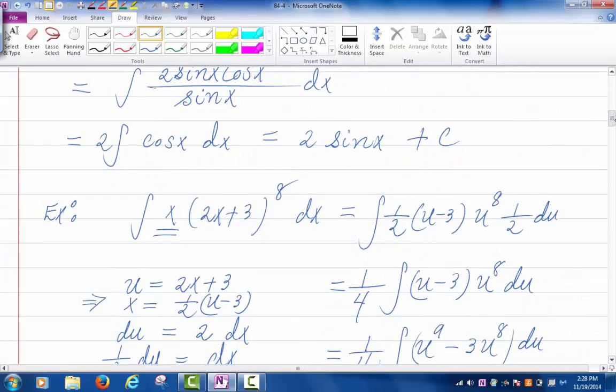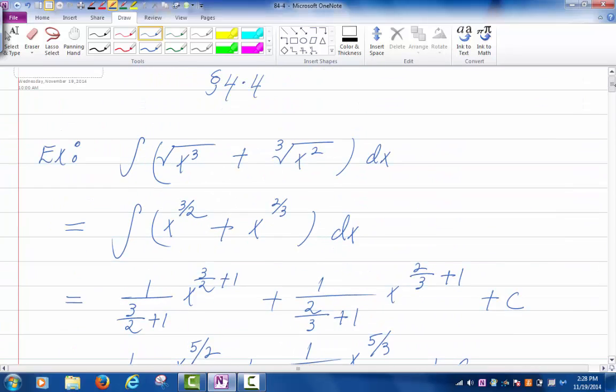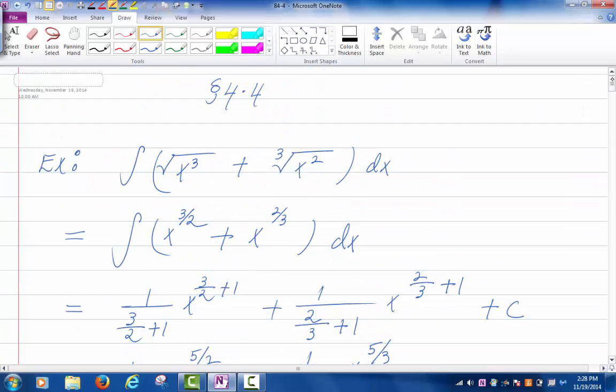But you'll see that essentially we have done those problems before. Okay. So section 4.4, one of the exercises, this is exercise number 6 in that section, and it is asking you to find the integral of root of x cubed plus the cube root of x squared dx.